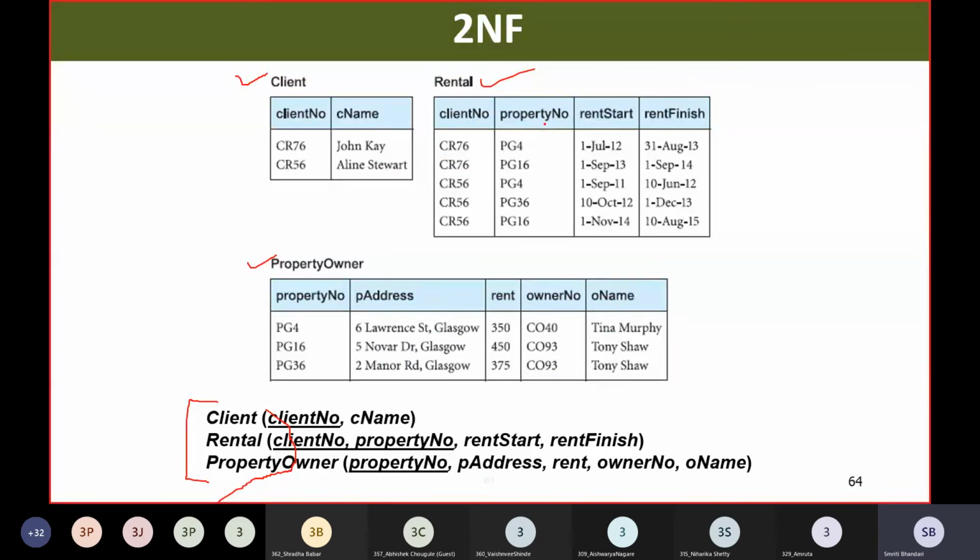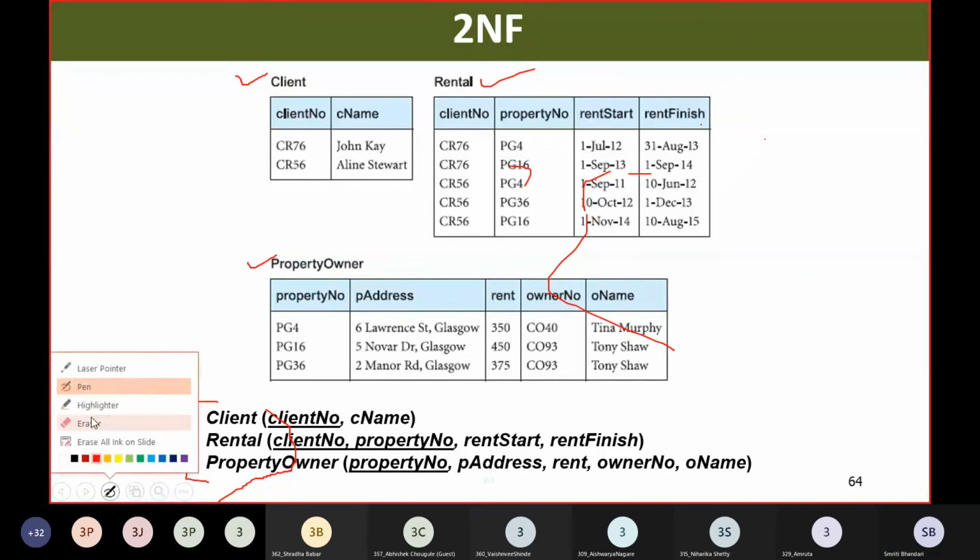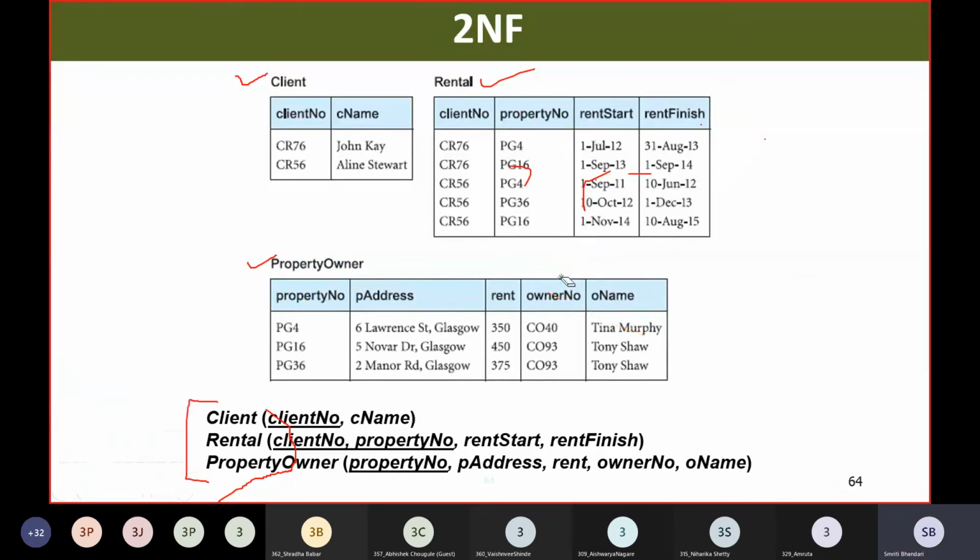So what is the primary key? Client number, property number is the primary key. So we'll be forming a third table now, having the attributes client number, property number, rent start and rent finish. So this is how our relation in 1NF is decomposed into these three relations.